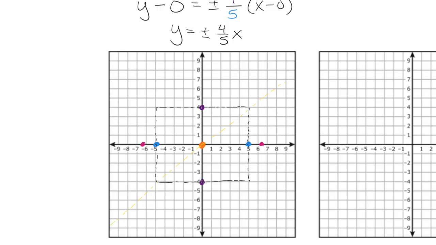I'm trying to make a yellow that's easier to see. Is that better? Okay, there's one of the yellows. And if we come from the other one, going corner through the center to corner, we have our other asymptote.